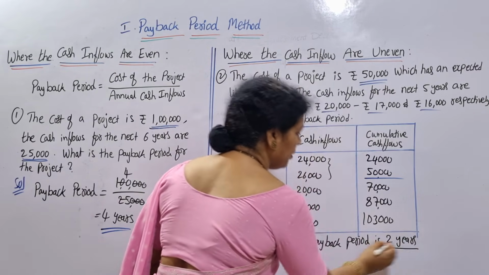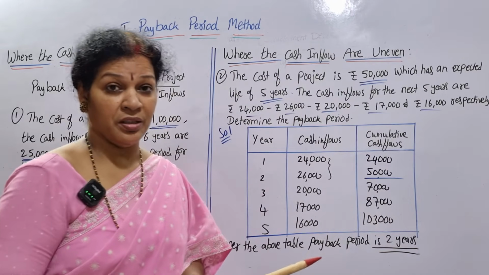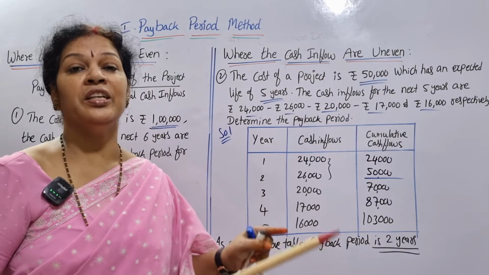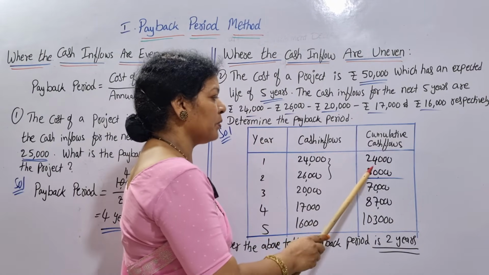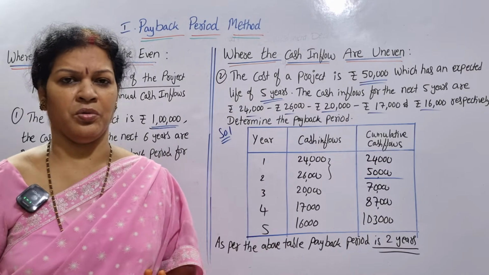If you want, you can extend the same sentence: payback period is 2 years, as our investment of 50,000 is covered in 2 years, that is 24,000 and 26,000. You can extend one more line also.